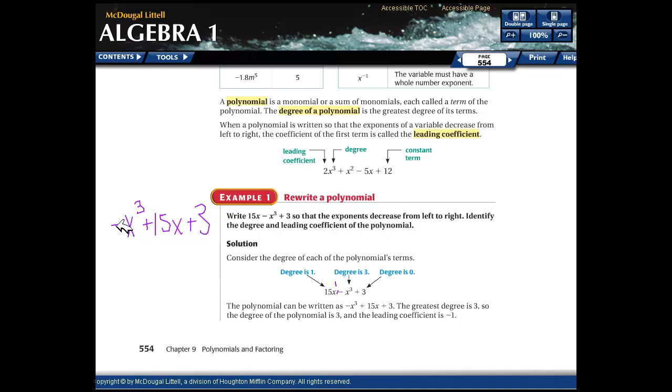So make sure that you do take the signs that go with the numbers, because that is very important. Whenever you have something like this, the leading coefficient is just the one in the front, and all you see is a negative sign. So if you don't see a number, you assume it is a 1, and because it's negative, the leading coefficient would be a -1.